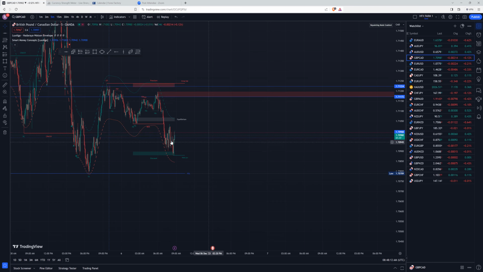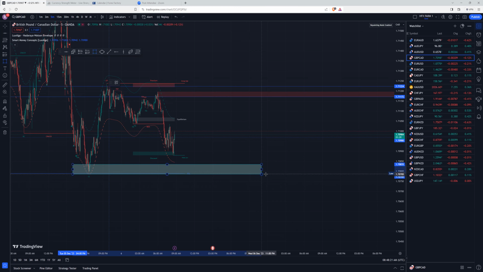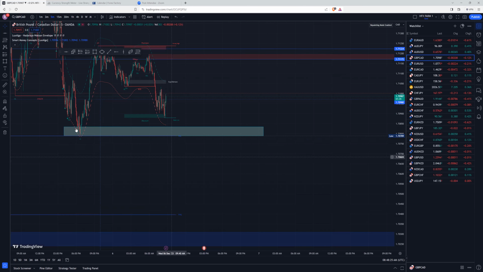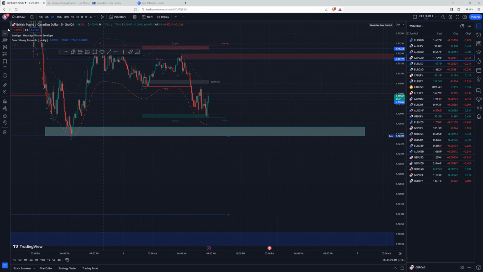But this swing, this guy is getting closer. If there is news, it might break below really fast. Or if there's no news, then it might be valid.